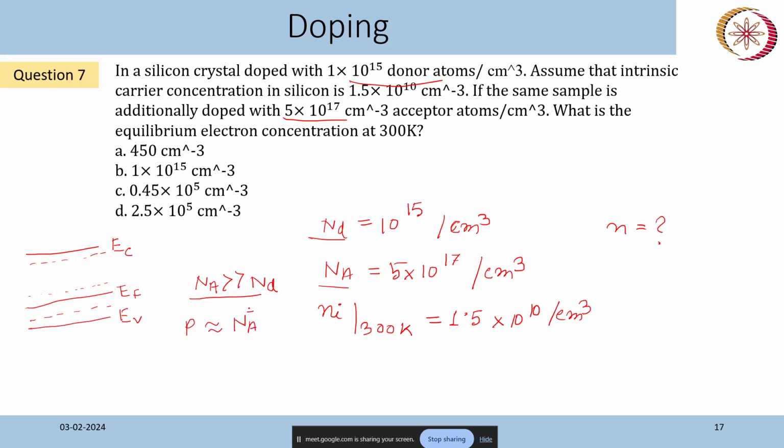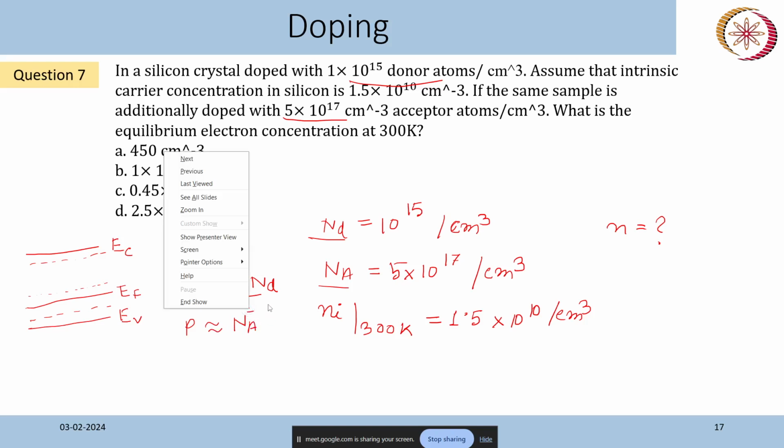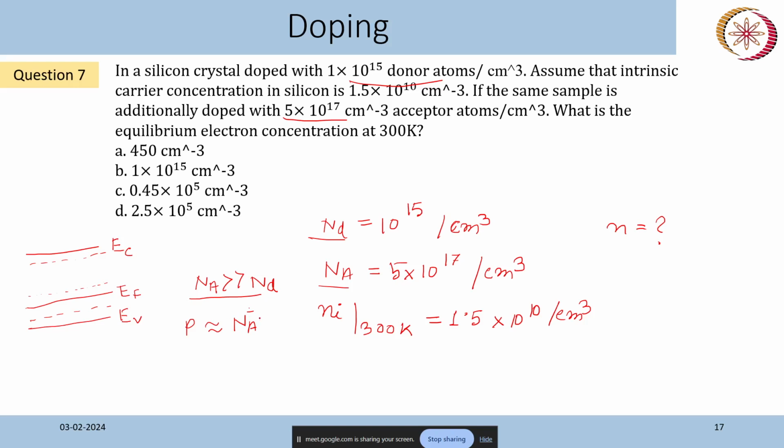Actually Na minus those ionized atoms, but since it is at 300 Kelvin, most of the acceptor atoms will be ionized, so this is equal to Na, which is 5 into 10 to the power 17.